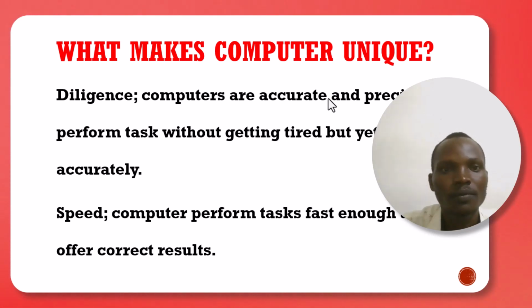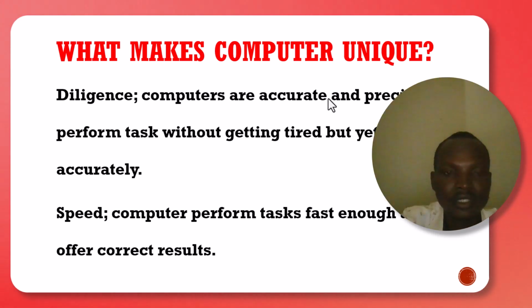So what makes a computer unique? There are certain features which are unique to a computer. For example, what we call diligence. A computer is a device which is very accurate and precise when it comes to getting work done and performing the work.